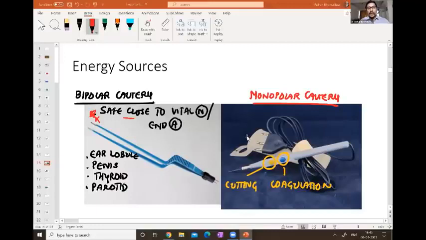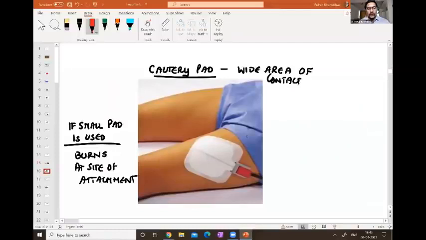Whenever we are using a monopolar cautery, we need to use a cautery pad. Some of you must have seen this cautery pad in the theater. Those who've seen this in the theater, give me a thumbs up on the chat box. So this is a cautery pad which we put on the thigh or the calf of the patient, and it should have a wide area of contact.